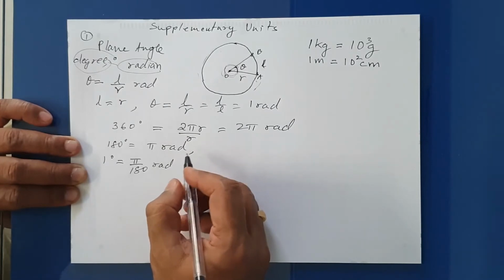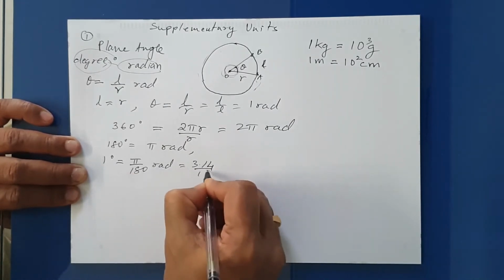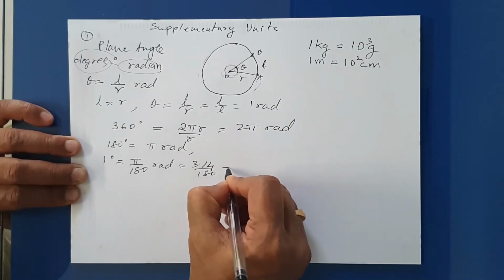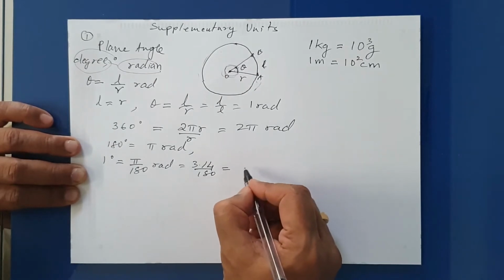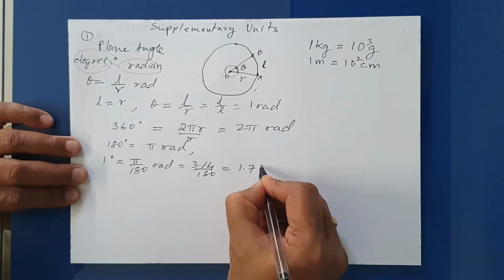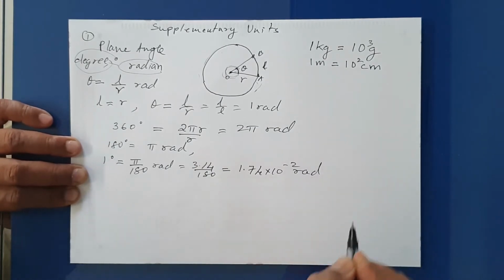If you substitute the value of pi, which is 3.14, upon 180, you will get 1.74 into 10 raised to minus 2 radian.